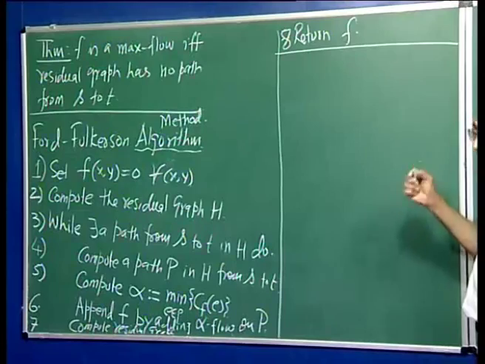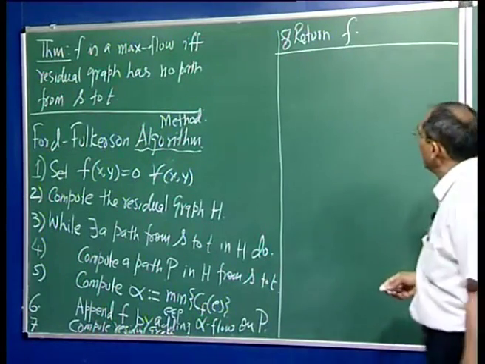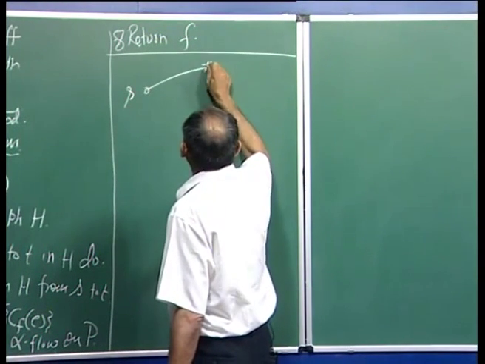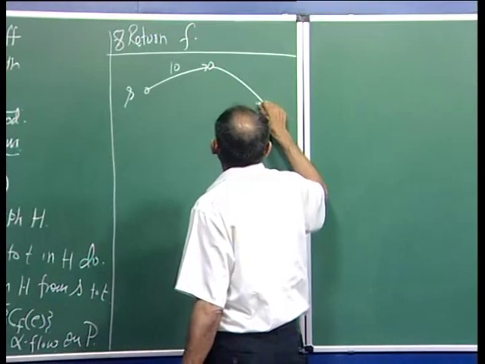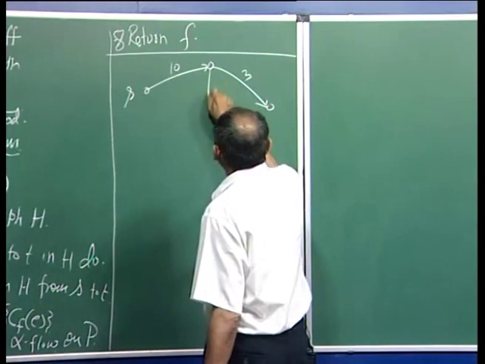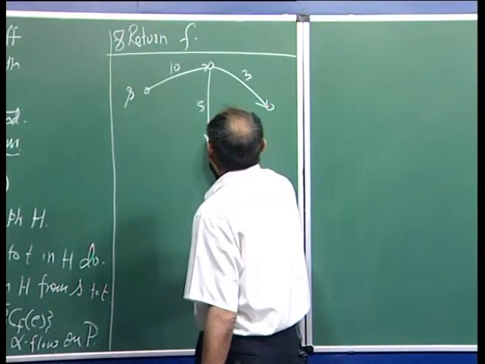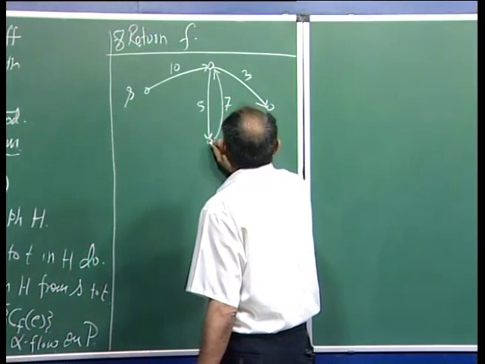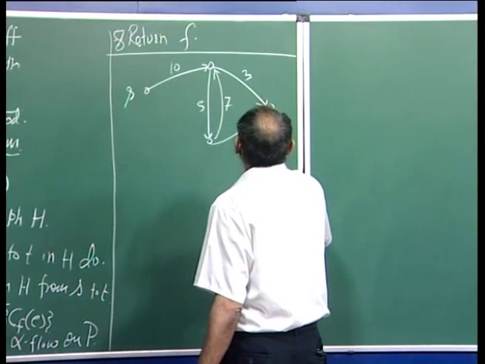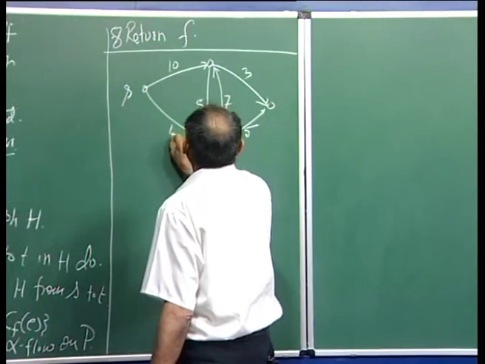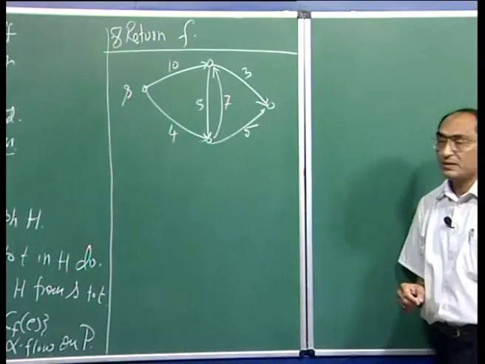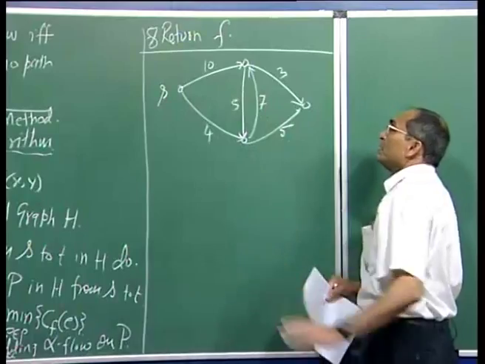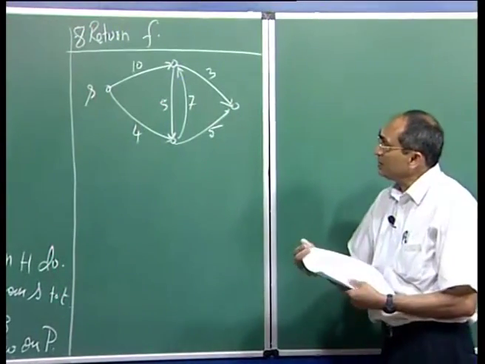Now, let me run a small example through this. Let us suppose we have a network. Remember, I will not show edges with 0 capacity for convenience.